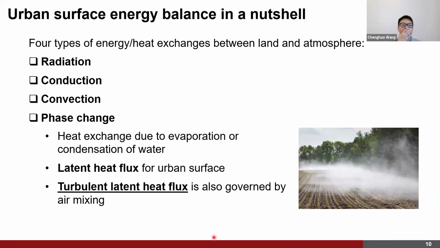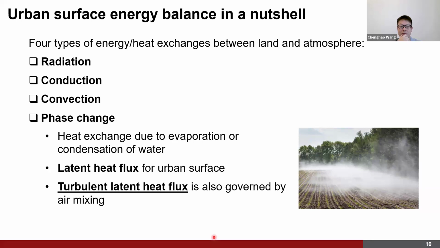And the last one is phase change related surface energy. This phase change means the heat exchange due to evaporation, condensation, or any other conversion between the different phases of water: liquid, solid, and gaseous.